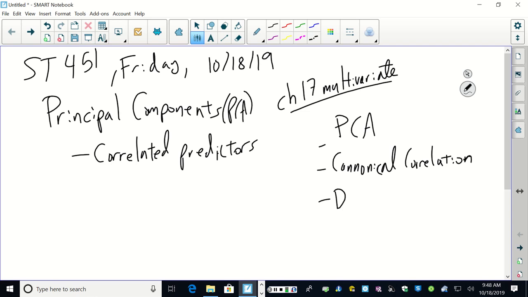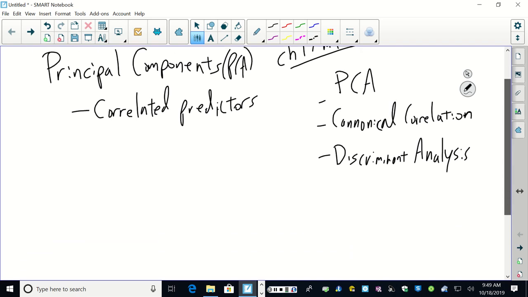If you're trying to use a bunch of variables to distinguish between two groups and separate two groups, there's discriminant analysis, which looks at ways to predict which group people are in. We will also do this with logistic regression.